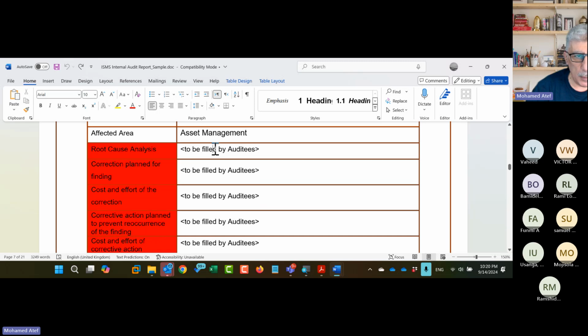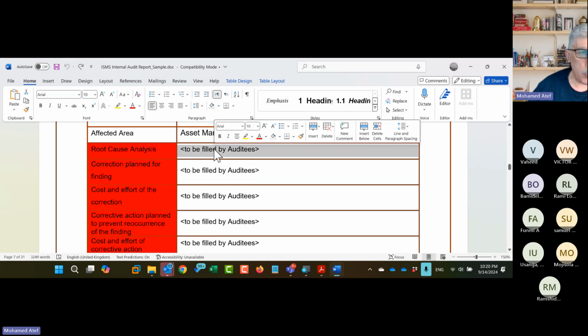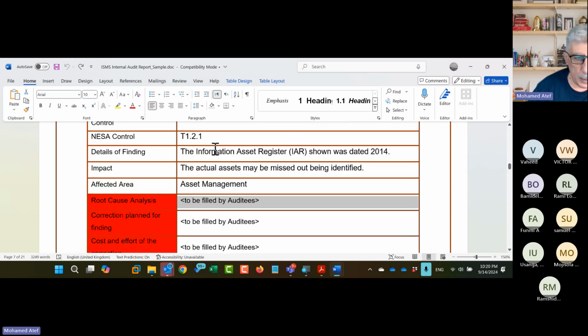They have to write down the root cause, why they are not updating the asset register. Because if you didn't identify the root cause and they solve the problem, it will get repeated again. You need to understand what the reason behind that is. It could be lack of awareness. It could be that no one is reviewing the document.